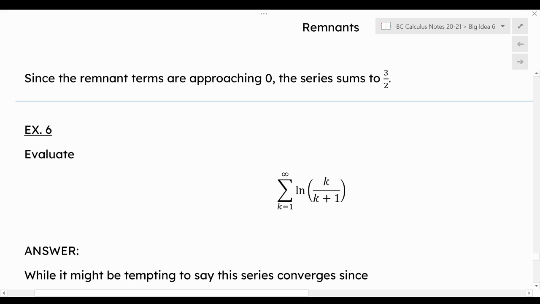But that tells us nothing, right? The nth term test, that's the false nth term test. The nth term test says that if the sequence terms don't go to 0, then you know the series diverges, nothing else. So if the sequence values do trend to 0, you don't know anything, really.